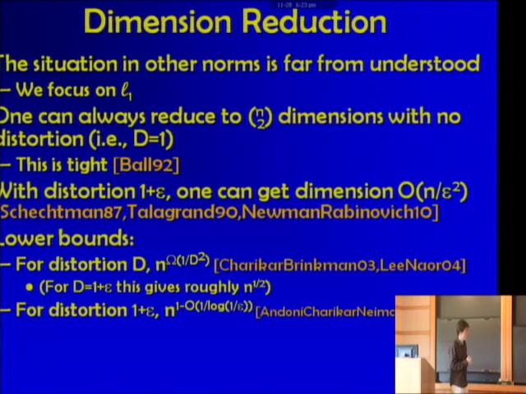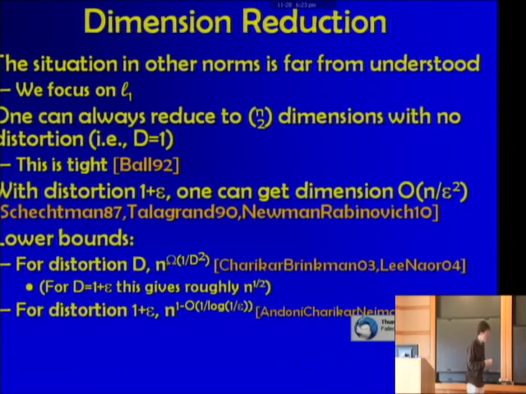This is a result by Charikar and Brinkman from 2003, and a few months later, a simpler proof was found by Lee and Naor. This tells us that there must be a certain polynomial dependence on n, but when the distortion is very close to 1, like you're really interested in very good embeddings, like distortion 1.1, this bound cannot give you anything better than square root n.